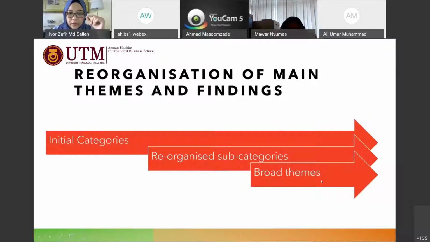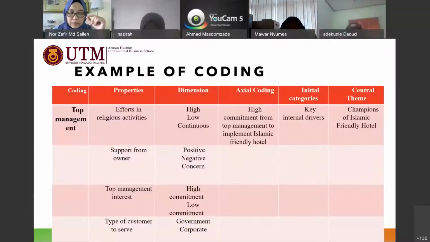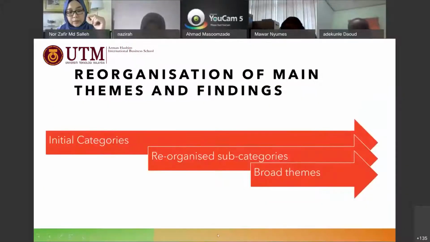Okay, so far I have shared with you some steps. What are the steps? Can you recall? You can say, or you can express it in the chat so that I can read it. What have I talked about so far?